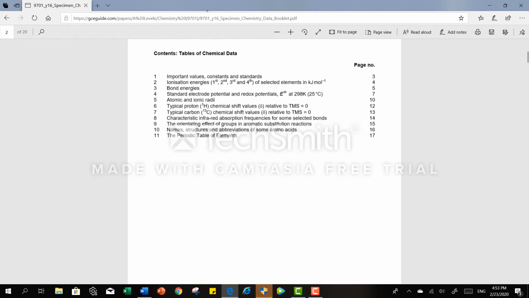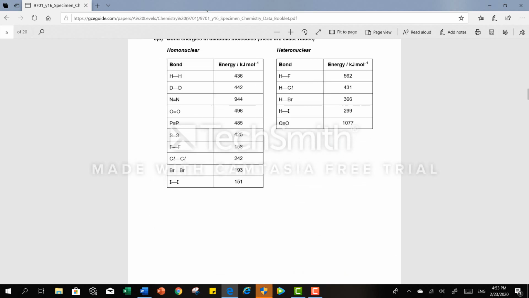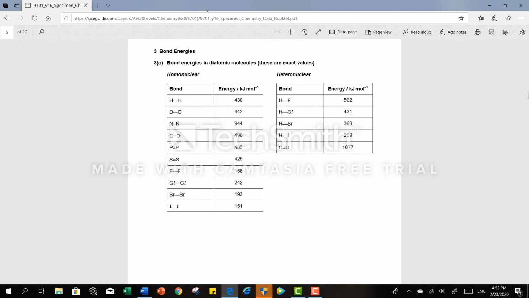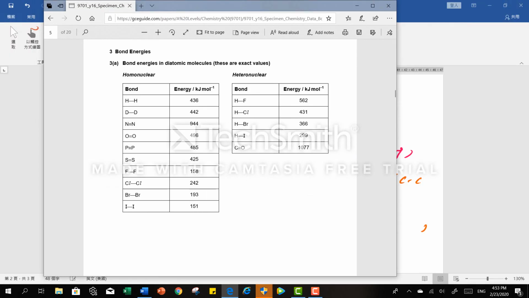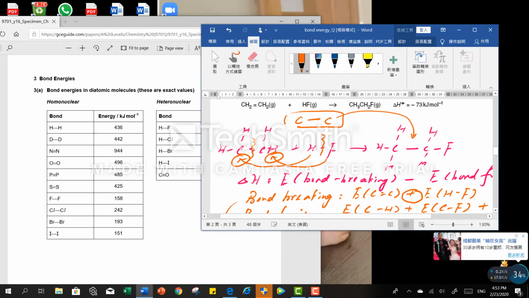Oh, it's here. Okay, so we look at here. Now we need H-F. We need H-F, right? It's running out of time.